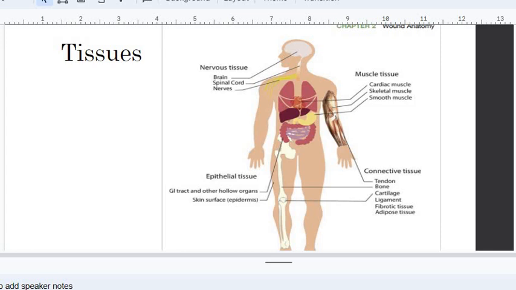Basically, there are four types of tissues in our body. The outermost layer of our body is covered with epithelial tissue. Then the connective tissue, which connects our body, is made up of tendons, cartilages, smooth and elastic fibers, and these fibers are connected with each other in our body.